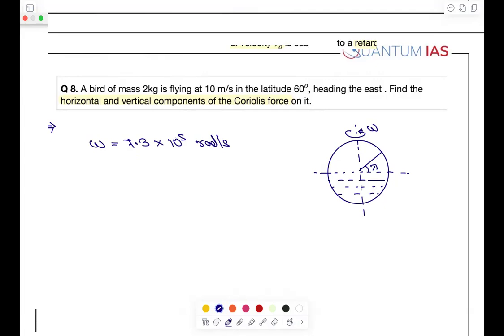Now one more thing apart from this, please try to understand how, because in the question they will give you east, west, north, for example in this question only heading the east, right? So we have to devise one mechanism or the reference frame to convert this east or west or something in a vector notation. So let's do that. So this is my horizontal surface on earth.